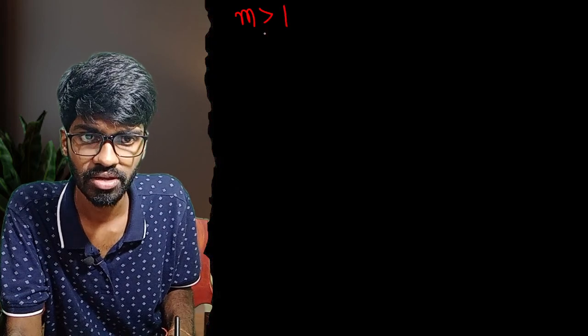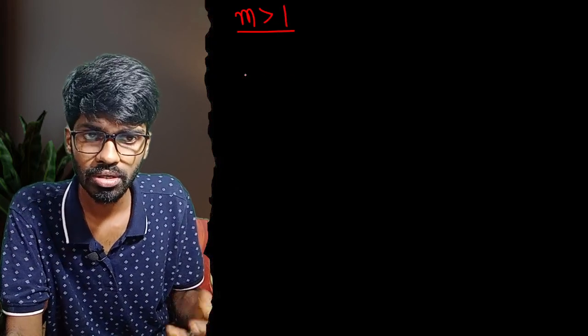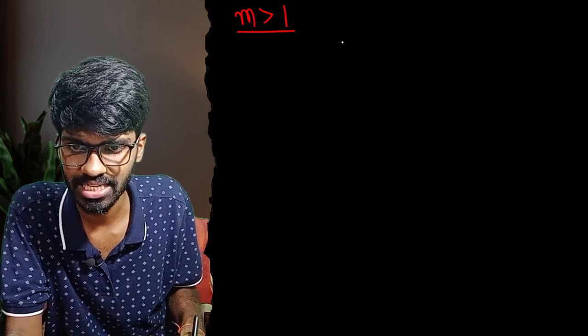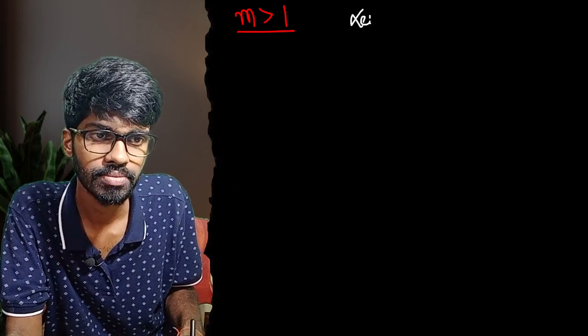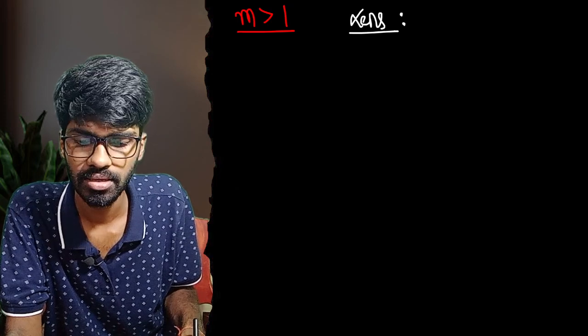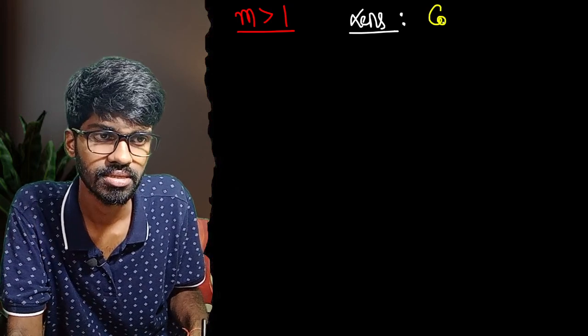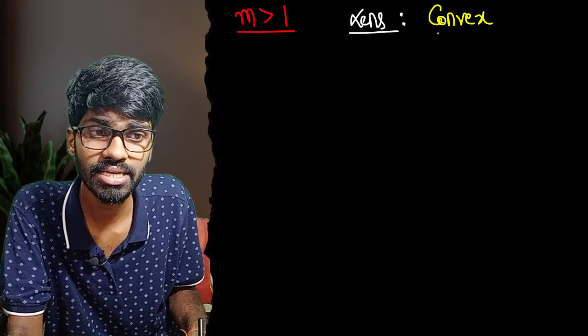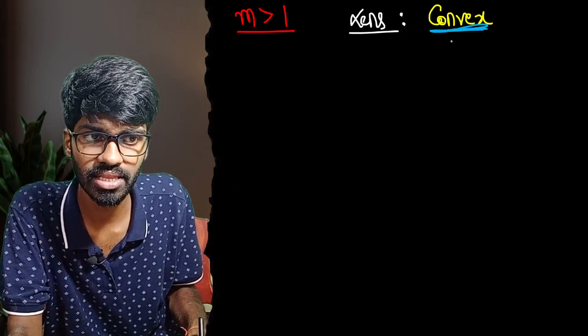Positive and negative we have discussed. Let's discuss the same for values of M. If M is greater than 1, what can we say? The lens will always be convex; only then will the magnification be greater than 1.